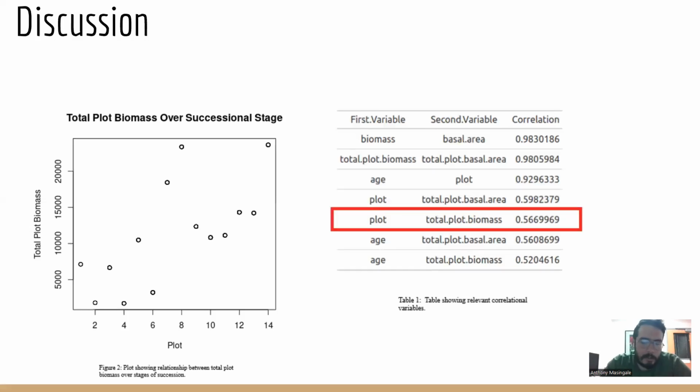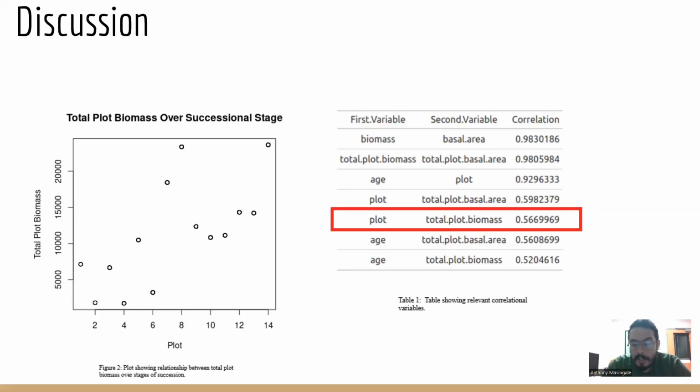The results seem to support this assumption, as we can see a weak positive correlation, suggesting that as these plots age, they are being supplied with increasing amounts of carbon, which facilitates their growth.